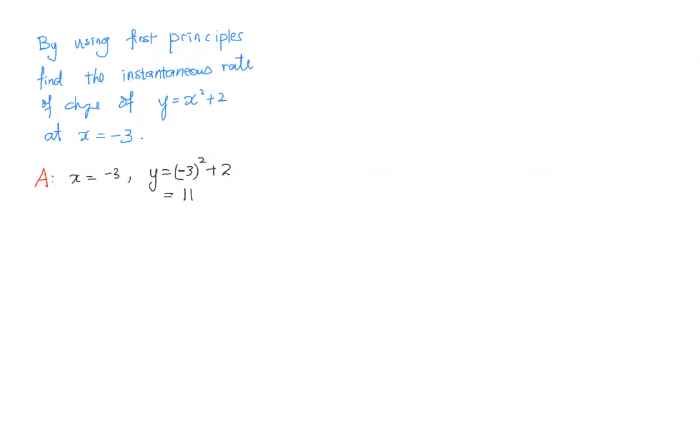Then I put another point. You can name it point B, point C, PQ, up to you. The x for this point will be whatever x I have here plus h. Can or not? h means the small change. If you studied O level Maths, instead of h you use delta x.